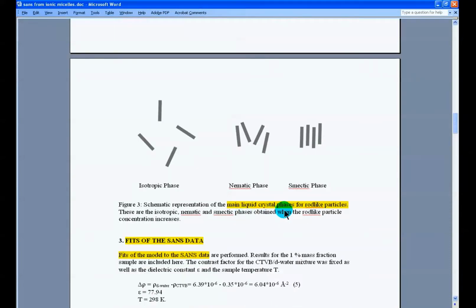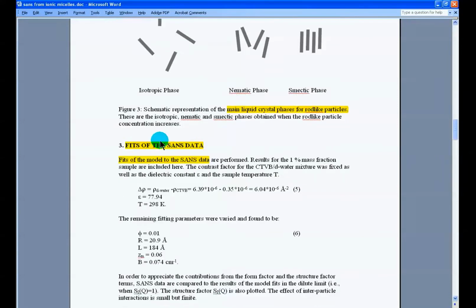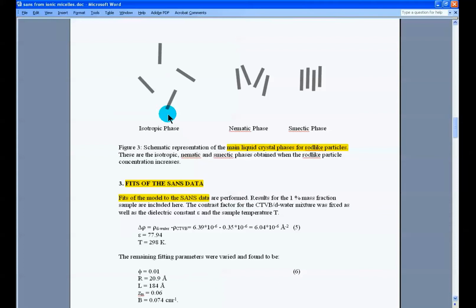These are the main liquid crystal phases for rod-like particles, and our case is really here. In other words, we're not doing the orientational average of each rod, but we're doing the orientational average of the form factor times the structure factor.